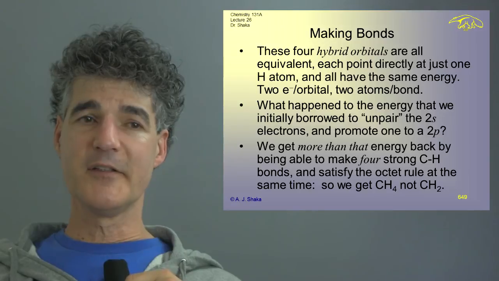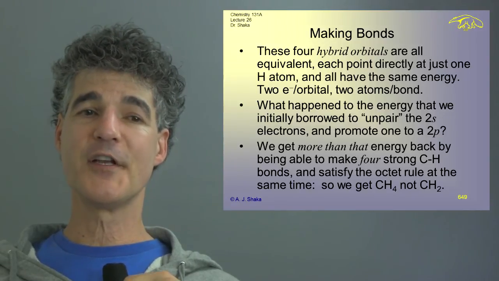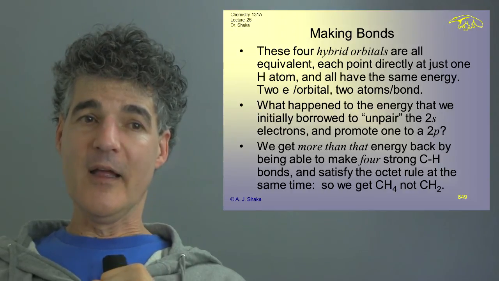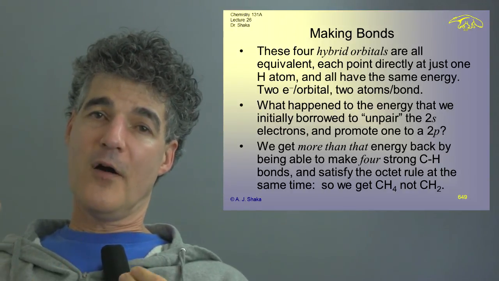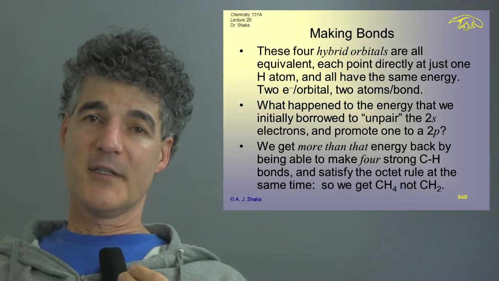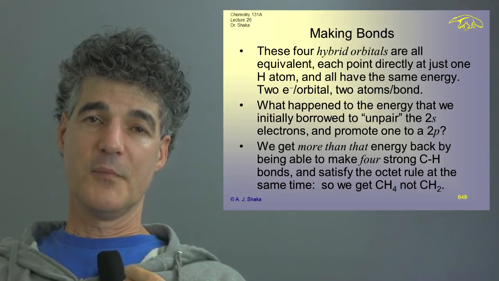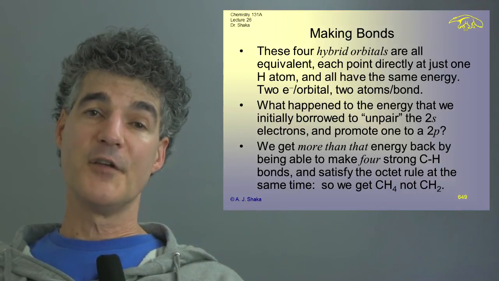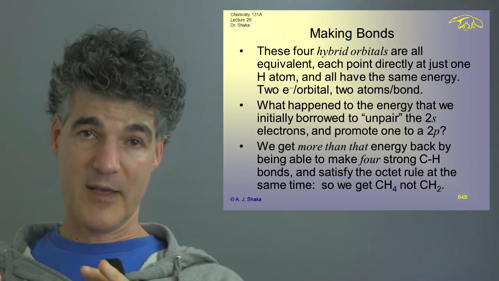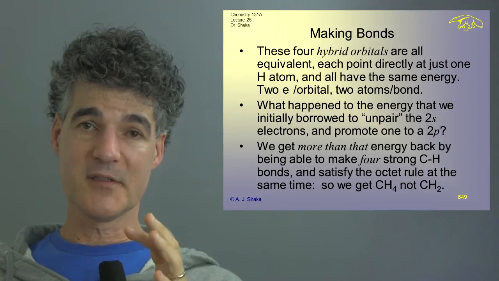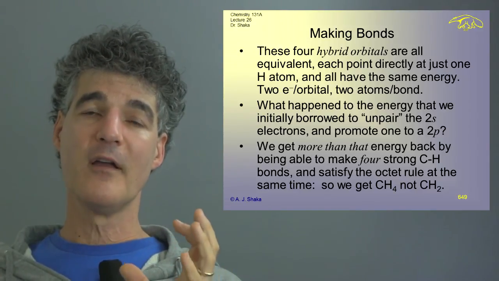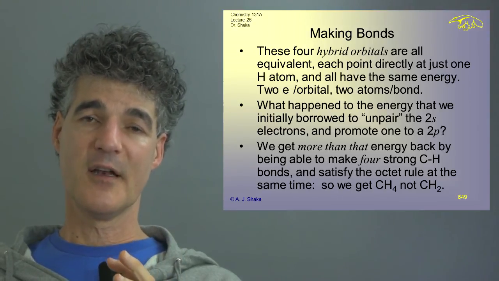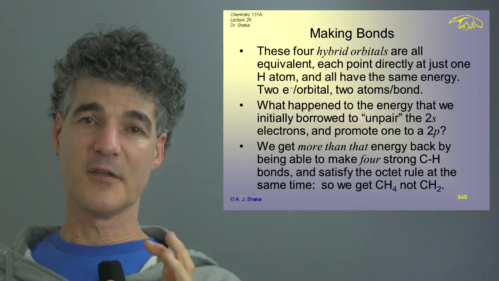Now, the question is, what happened to the energy we borrowed? Well, we borrowed energy to unpair the 2s electron and promote it to the 2p, but now we get all that energy back and more, because we started a successful business, so to speak, and we made 4 very nice, strong bonds between hydrogen and carbon, and that is a winner.